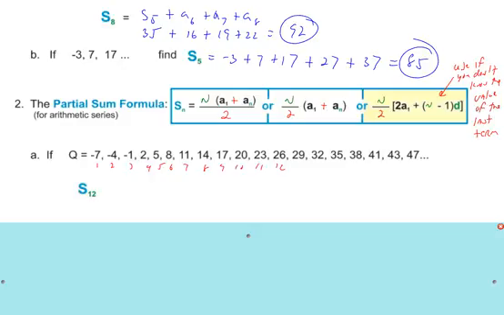So again, in my mind, the easiest way to do it is to average the first and the last of the series, and then you're multiplying times n. And what would n be in this situation? 12, right? Because you're doing S sub 12. So the n is 12.